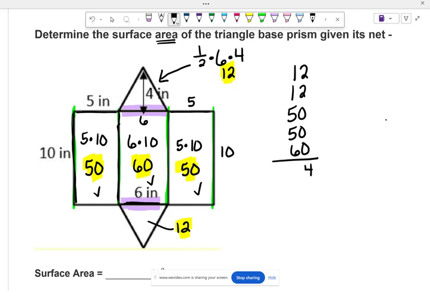All right, let's add those up. 184 is what I got in my head, but I want to go double check that in my Desmos. And that is correct. The total surface area would be 184. We were measuring in inches.